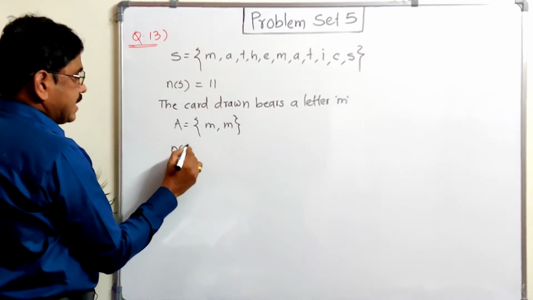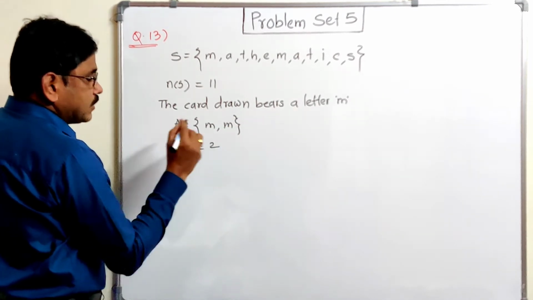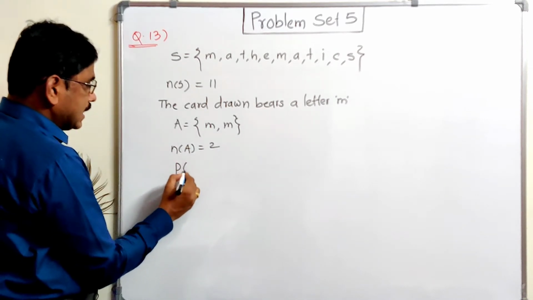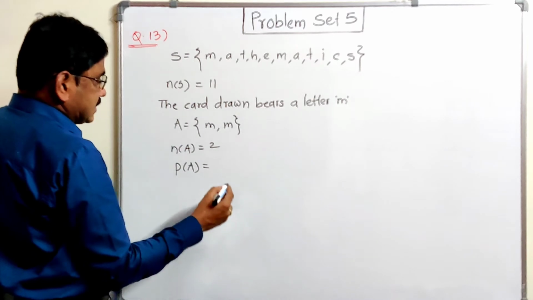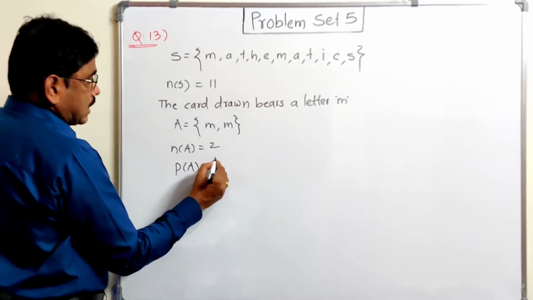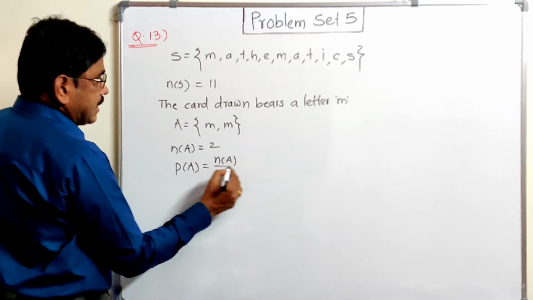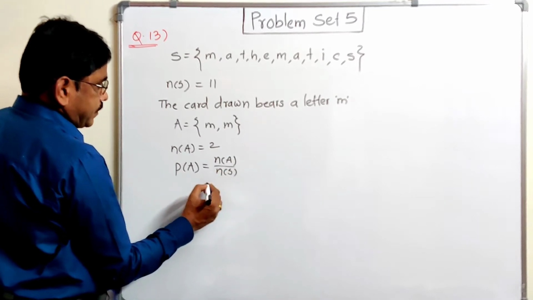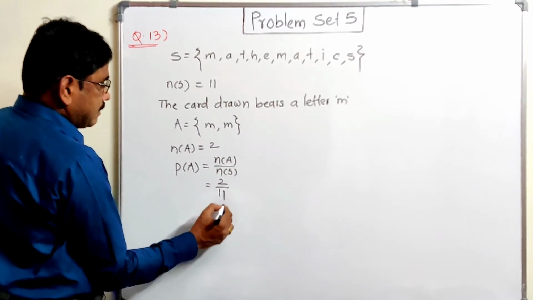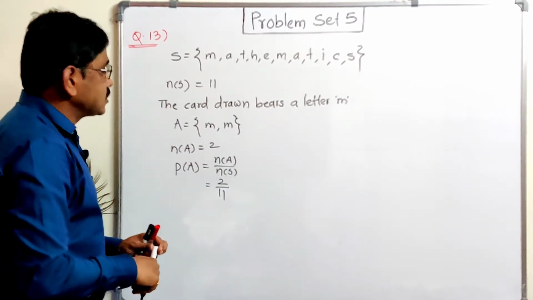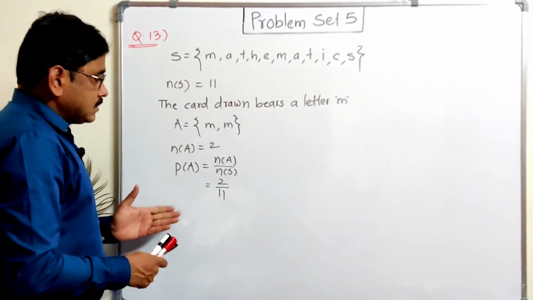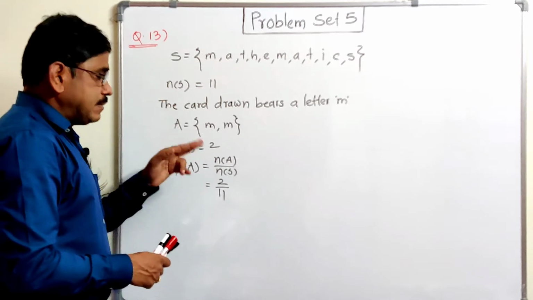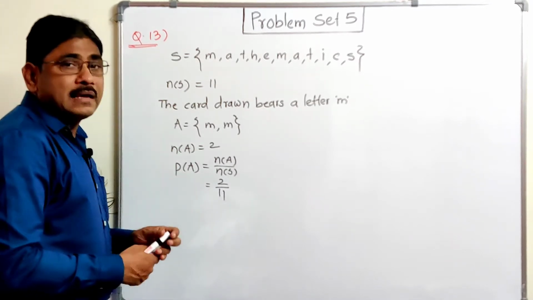So n(A) is equal to number of sample units, 2. Therefore probability of the set that the card drawn bears letter M is equal to n(A) by n(S). Easy sum, it is 2 by 11. Here we cannot divide, so we have to leave it as it is. So the letter on the card will be M. The probability is 2 by 11.